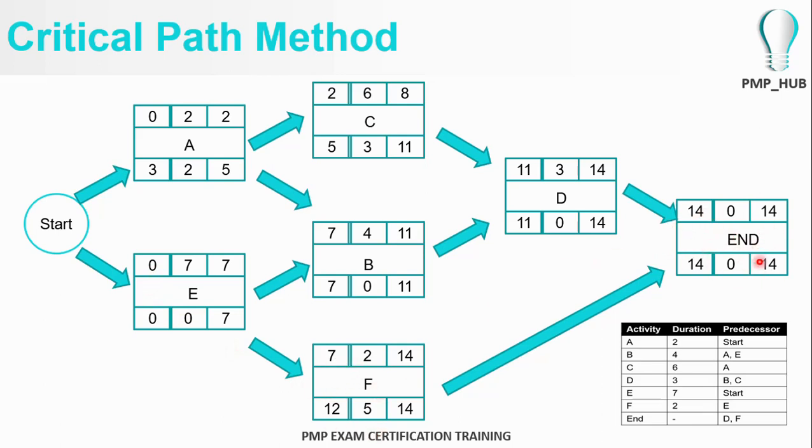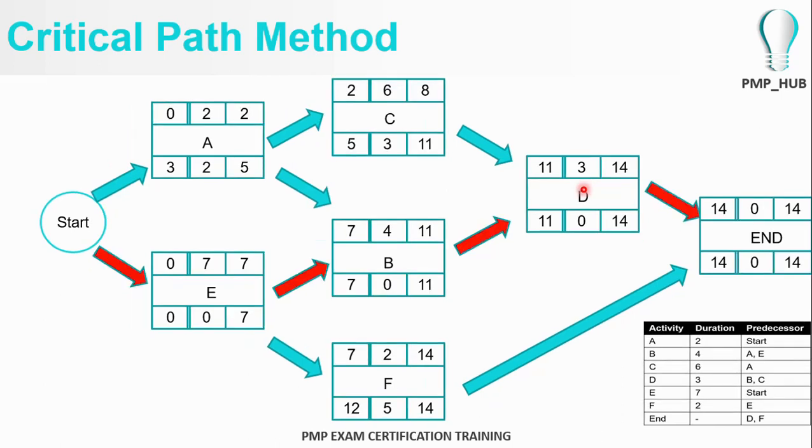This is a dummy entry. So anyway, the critical path is the path where the float is 0. So the critical path will be E, B, D. Hope you got that example correct.